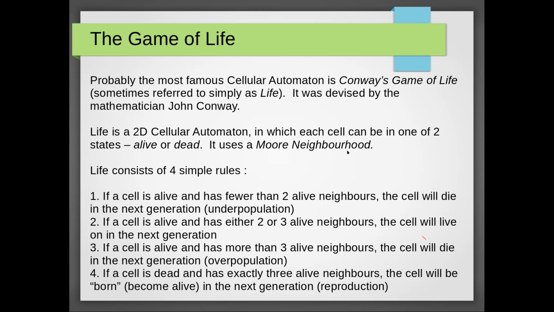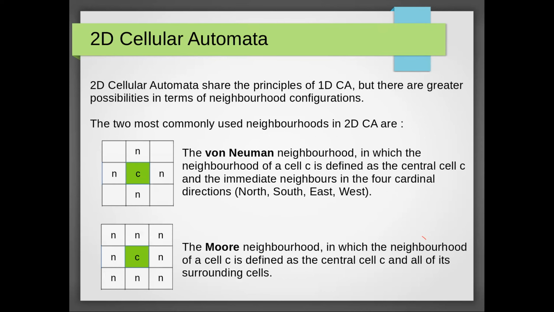Life is a 2D cellular automaton in which each cell can be in one of two states, alive or dead. So back to binary states. You're either alive or you're dead. Very simple. And it uses a Moore neighborhood, which, if you go back, we can see is basically all 8 surrounding cells. So the up, down, left, right, plus the diagonals.